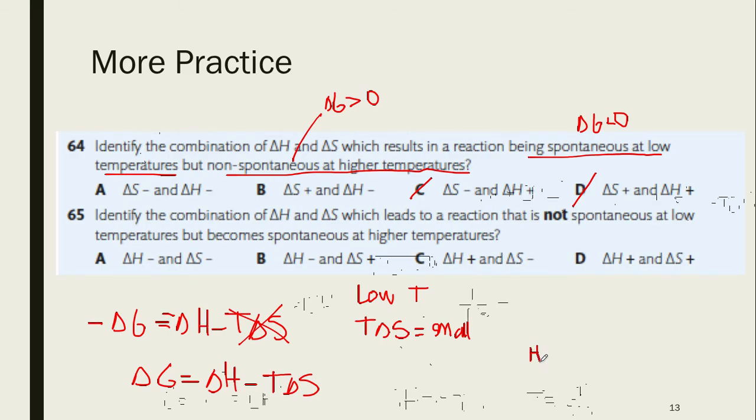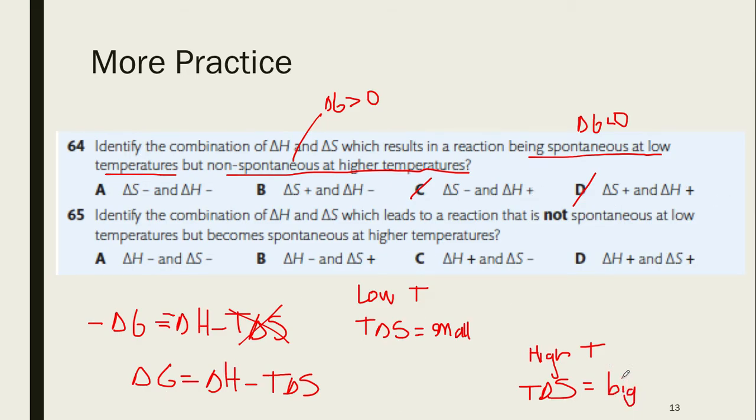So at high temperature, we know that T delta S is going to be quite big. It's going to be very large, which means that this second part of the equation is going to overpower the first part, where it does not play a role.